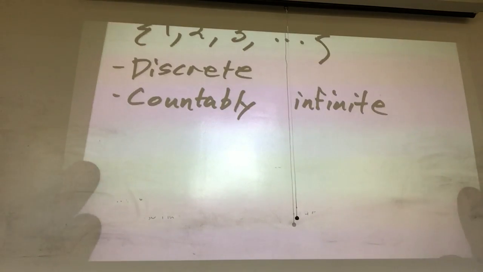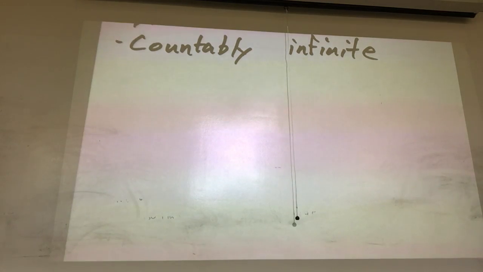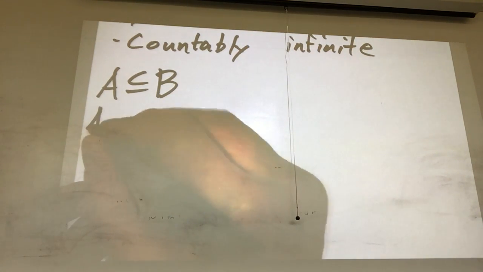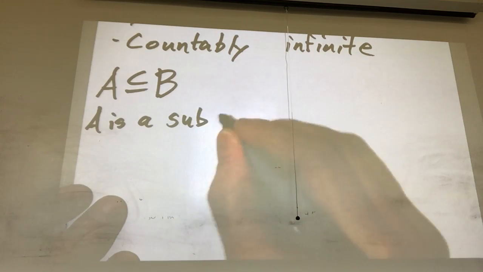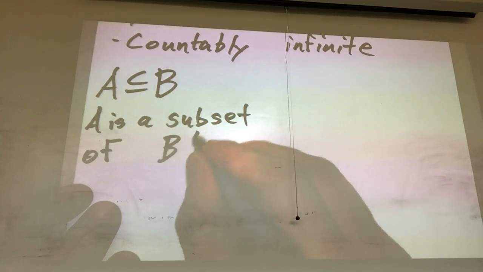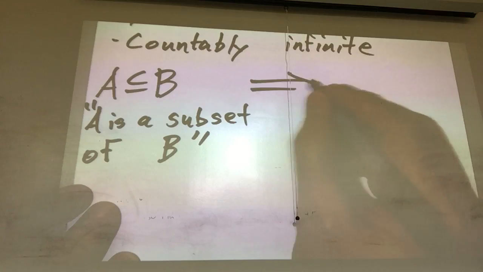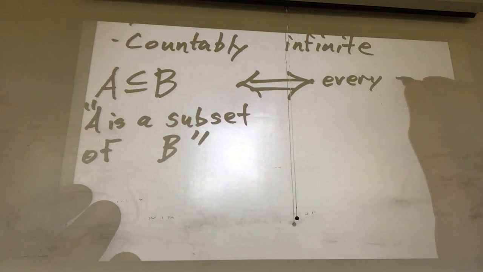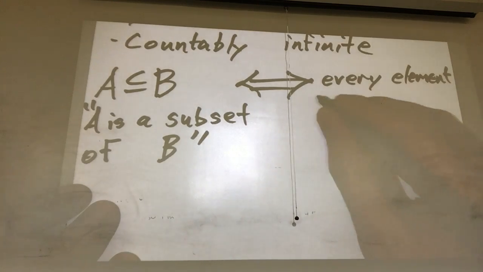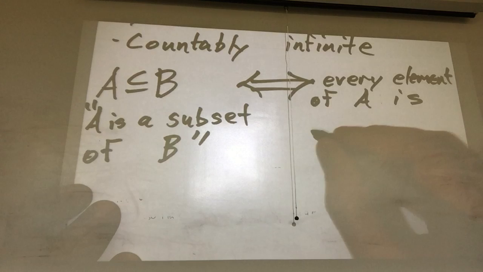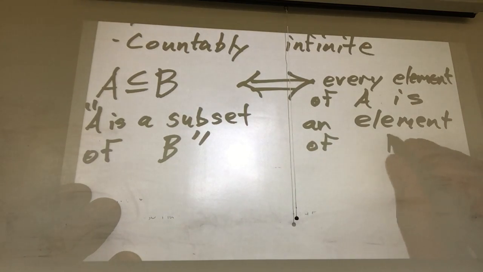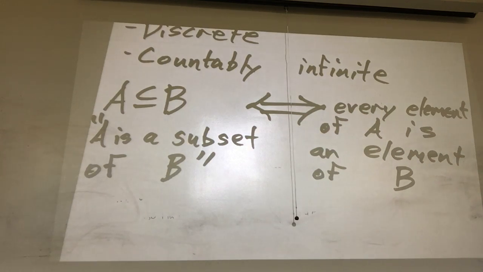So, A is a subset of B. This literally translates to A is a subset of B. This is true if and only if every element of A is an element of B. We'll talk about proper subsets right after this.